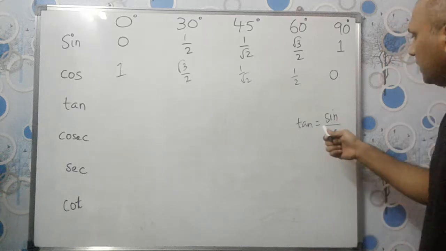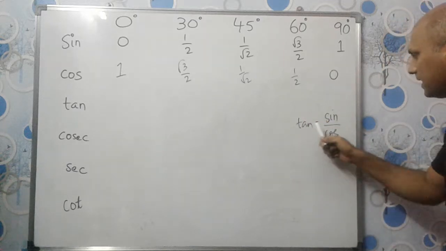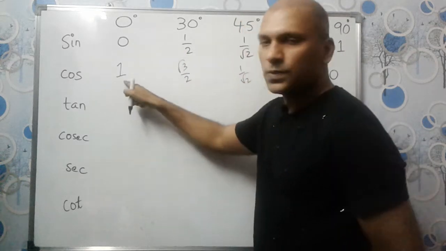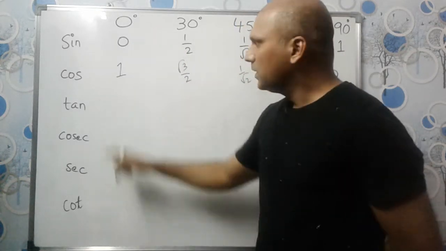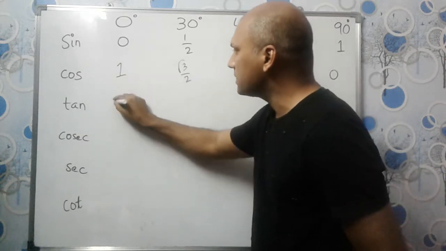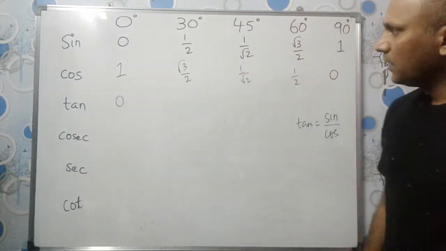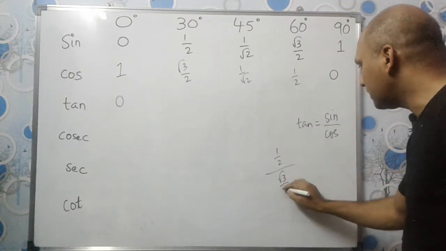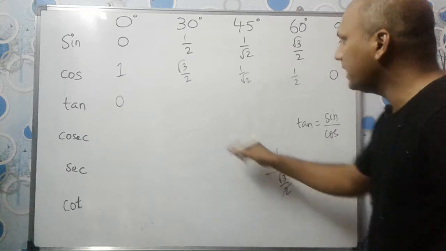Alright, and we know tan is equal to sine divided by cos. From the relationship between trigonometric ratios we learned tan is equal to sine by cos. So which means if we divide the sine value by the cos value, we will get the tan value. So let us divide this. 0 by 1 is equal to 0. 1 by 2 divided by root 3 by 2: 2 will get cancelled, 1 by root 3 will come here.